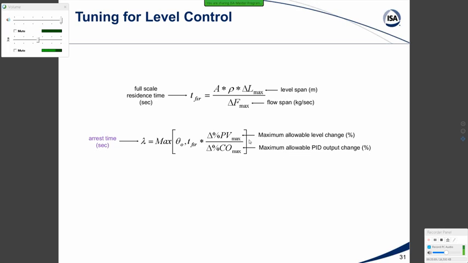Now, if you have very tight level control, of course, the maximum allowable level change would be very small, and then you would end up with a small lambda.